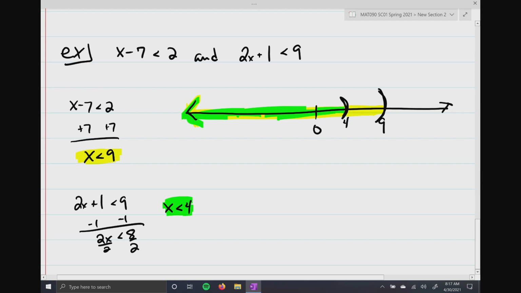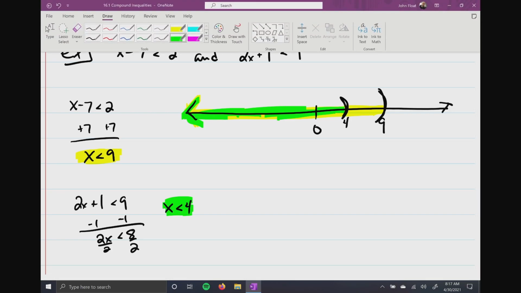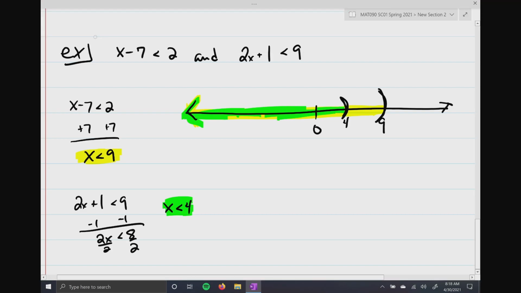Now remember, the "and" statement means it has to satisfy both. The only place that occurs is where I shaded green, because that's where you have yellow and green on top of each other.